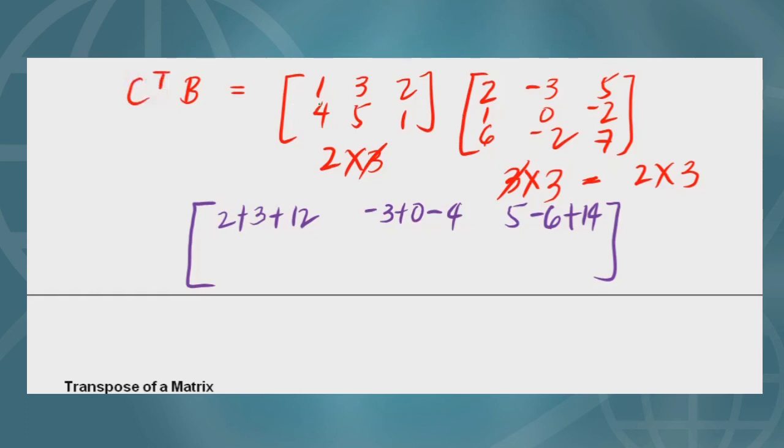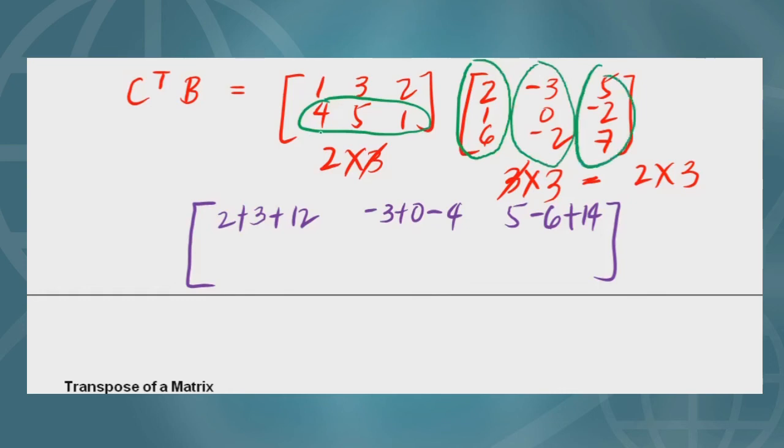Let us now distribute the second row of the first matrix to each of the columns of our second matrix. As we multiply, we start with the second row, first column. 4 times 2 is 8. Plus 5 times 1 is 5. 1 times 6 is 6.